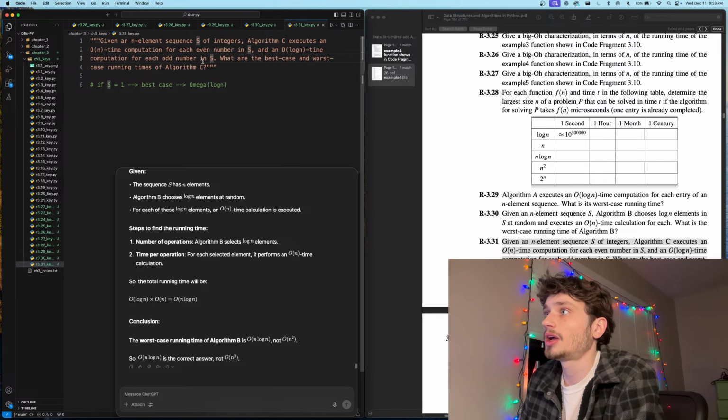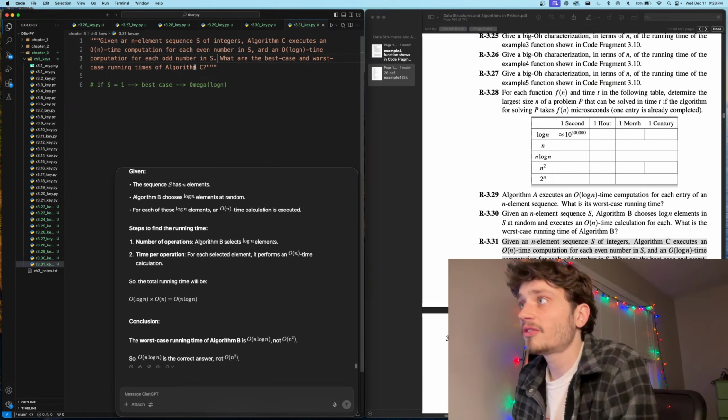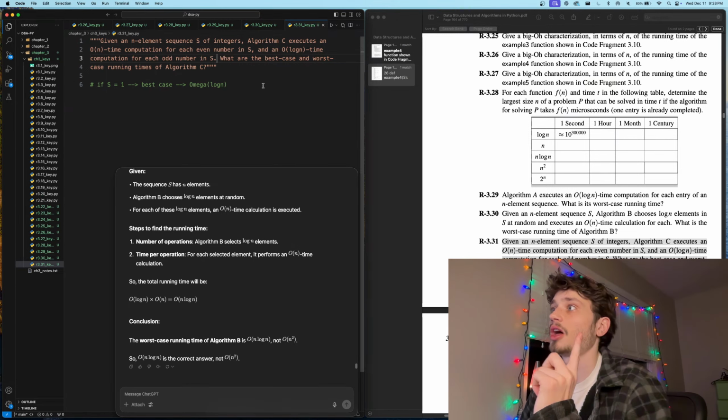But we're doing n divided by 2 times log n, which is just n log n. So for a single odd value, it's just log n.